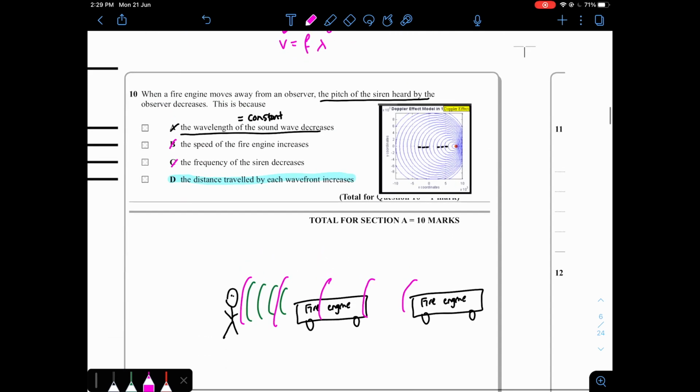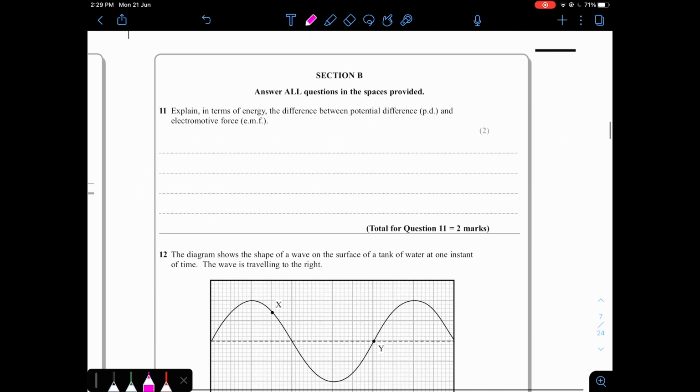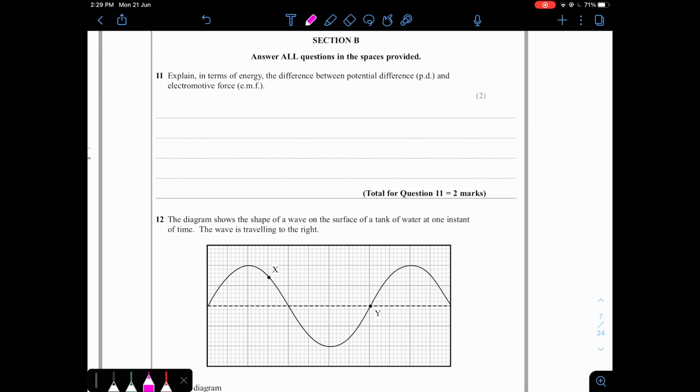Okay, so question number 11. Explain in terms of energy the difference between potential difference and electromotive force.